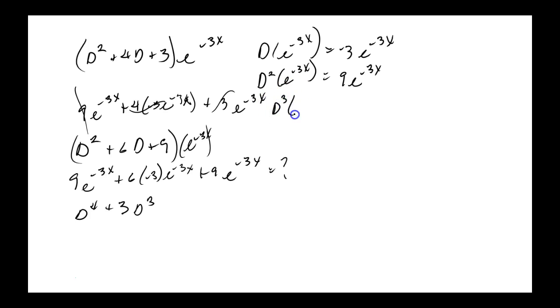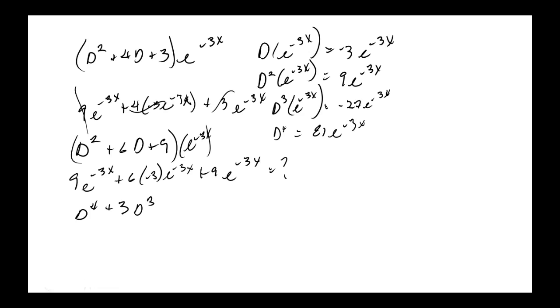D cubed of e to the minus 3x is equal to minus 27e to the minus 3x, and D to the 4th would be 81e to the minus 3x.